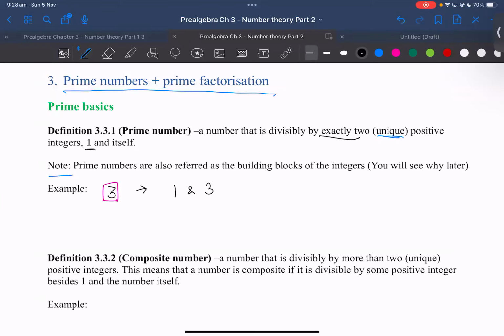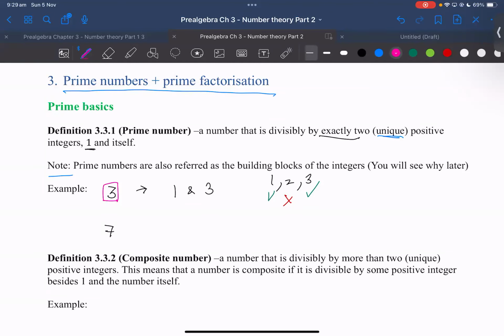We check each one. 1 is divisible, obviously, since 1 divides any number. 3 divided by 2 is not a whole number, so no. And 3 divided by 3, yes. So that means there are exactly 2 factors, or two numbers it is divisible by, and it's a prime. If more than 2 numbers can divide that number, it's not a prime.